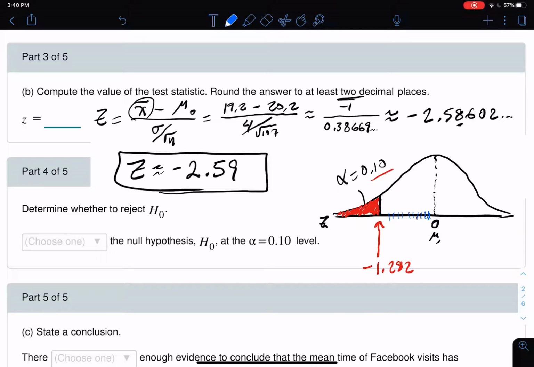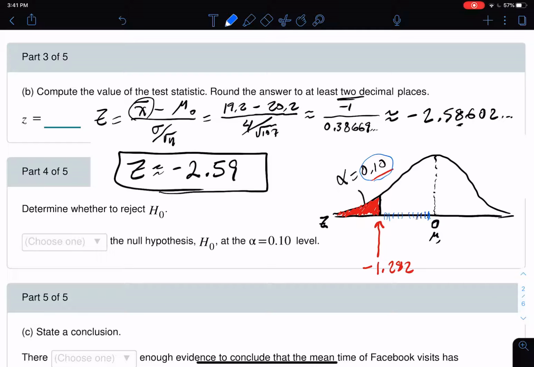But what we're saying in this problem is that if we get into the probability that's less than 10%, we're saying, okay, by chance I don't buy it. I believe that if our sample mean is below that 0.10 or 10% threshold, I'm going to reject my assumption of the null, and I'm going with my alternate, H sub 1. That's what we're saying here. Now, this is the setup for the test.